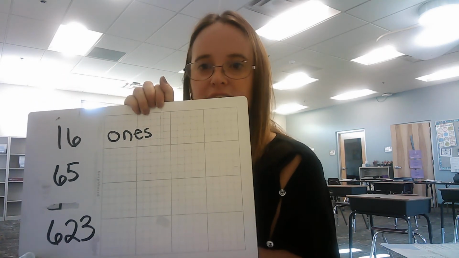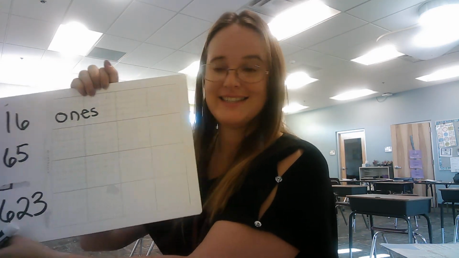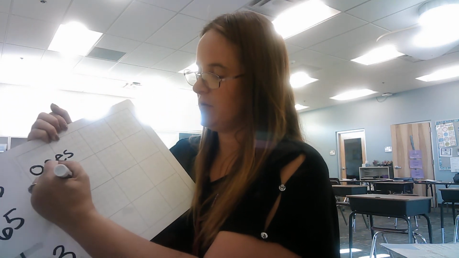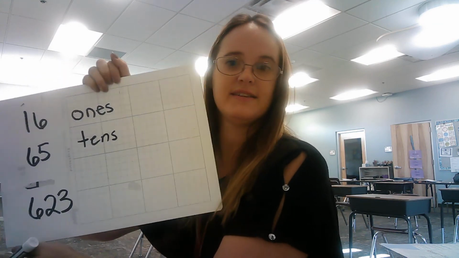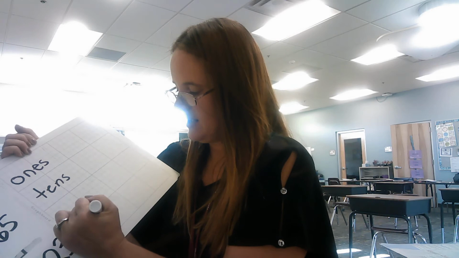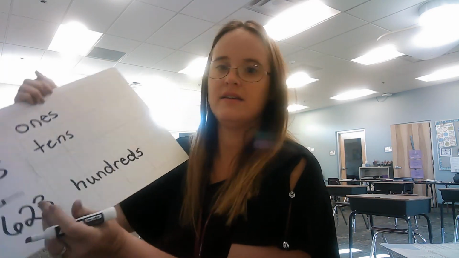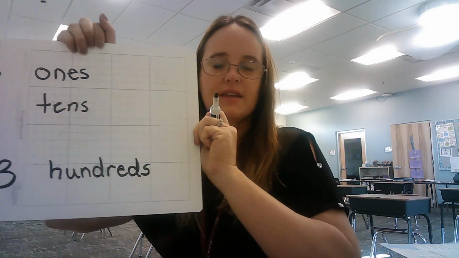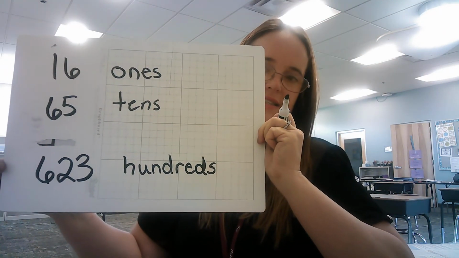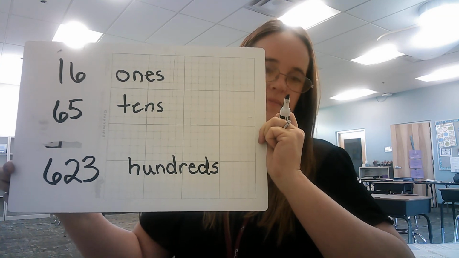Look at 65. What place value is the 6 in? 6 is in the tens place. Again, we write it out with words. And 623, what place value is the 6 in? 6 is in the hundreds. Here's how you spell that. Ones, tens, hundreds, depending on what place value our digit is in.